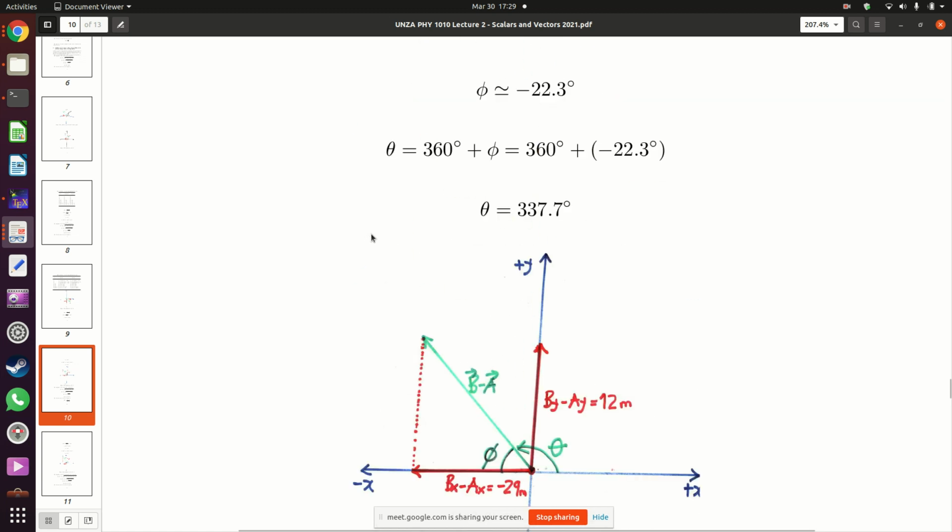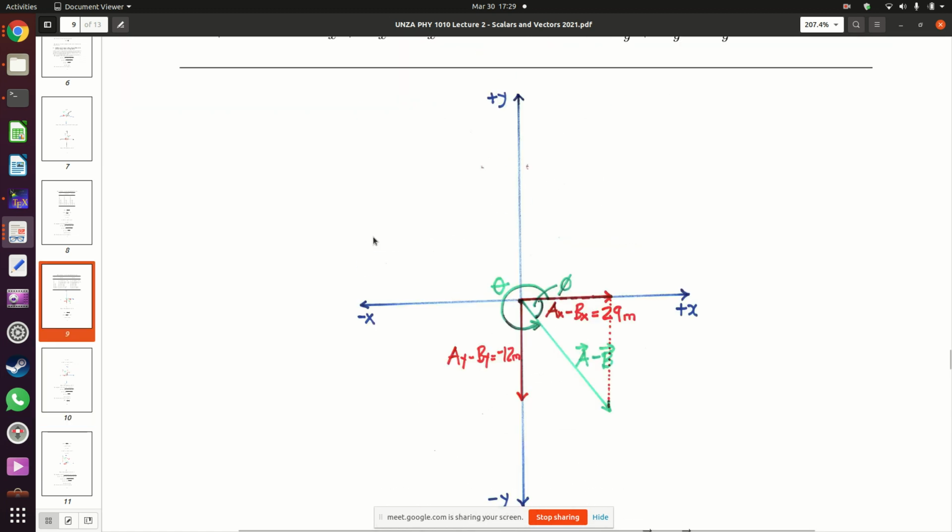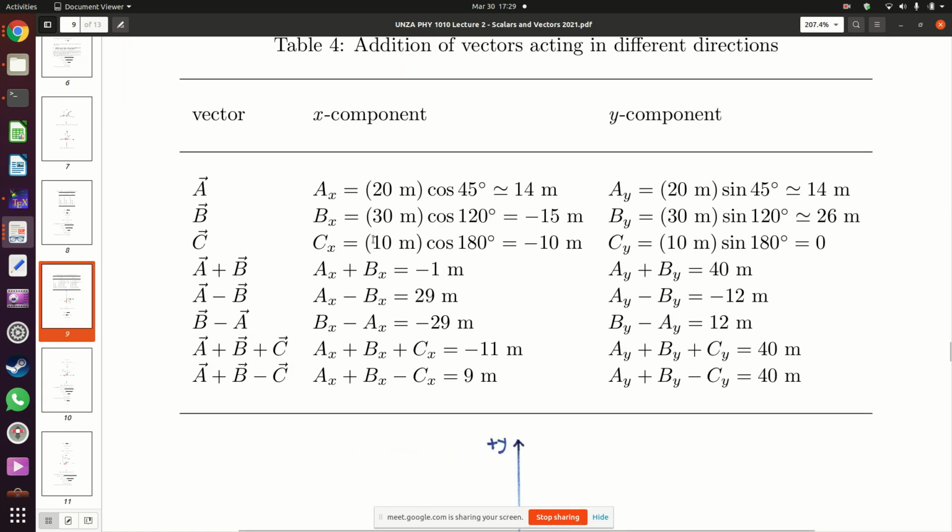Next, we said that you are not restricted to adding or subtracting only two vectors. You can add as many vectors as you want. So here we have A plus B plus C as an example of carrying out addition of more than two vectors.